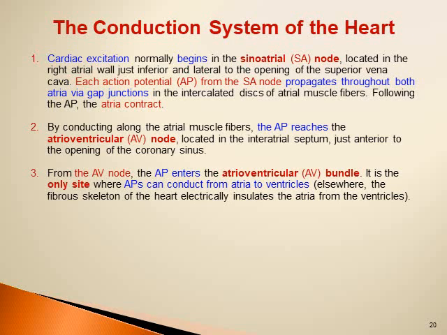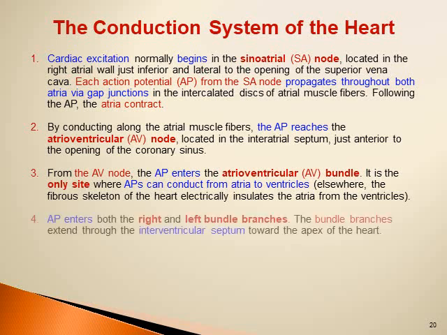It is the only site where action potential can conduct from the atria to the ventricles, because elsewhere the fibrous skeleton of the heart electrically insulates the atria from the ventricles. And this is very important to have contraction of the atria before the contractions of the ventricles.